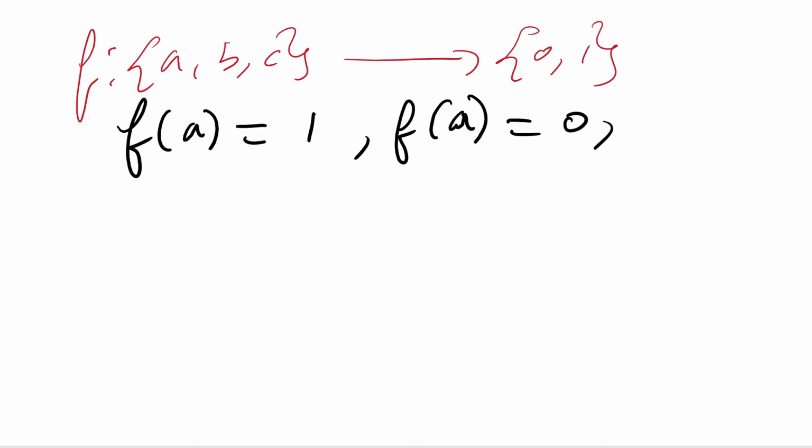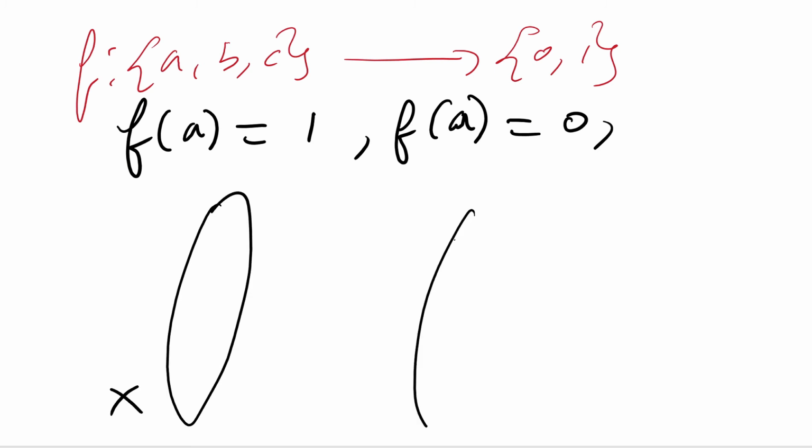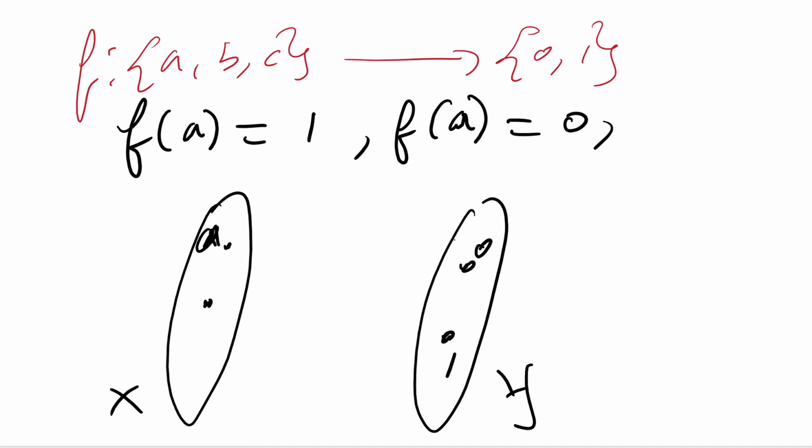When you have x, y, this is 0, 1, this is a, b, c, we say that f of a is 1, then we say that f of a again is 0.